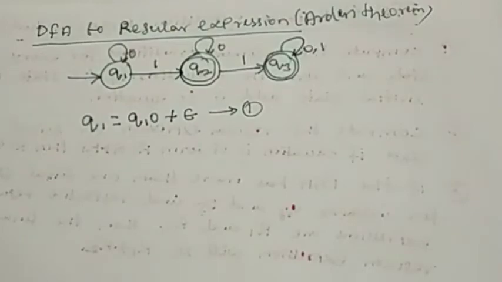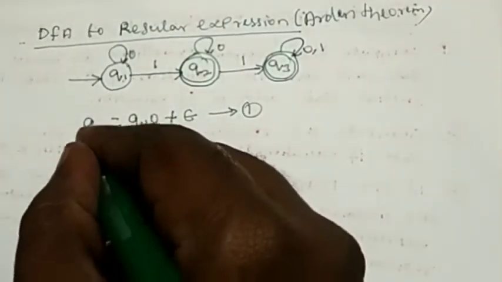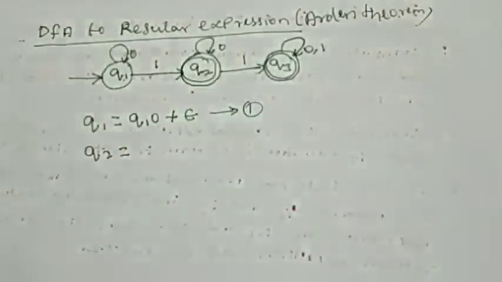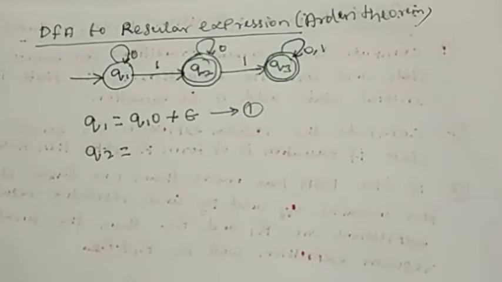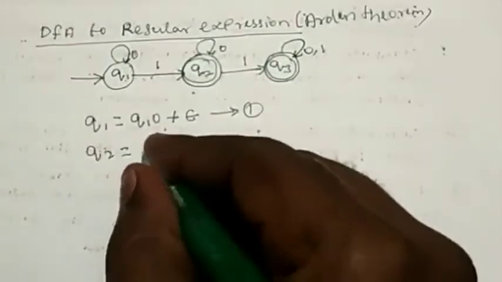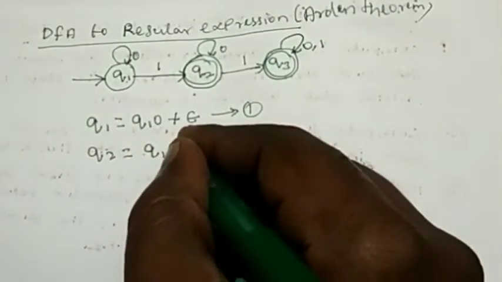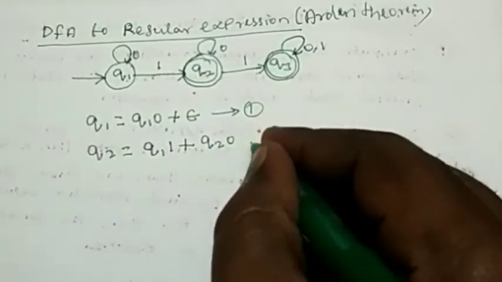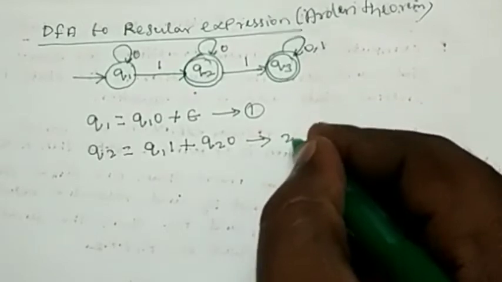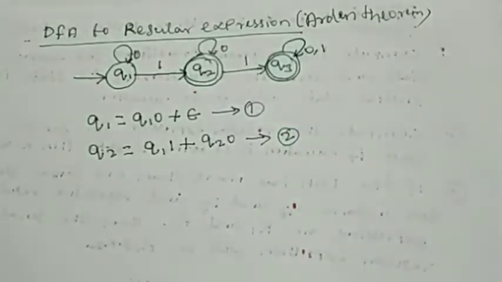Now we will concentrate on the Q2 state. Q2 has two input transitions, one coming from Q1 and another from Q2 itself. So Q2 equals Q1 1 plus Q2 0. This is equation number 2.